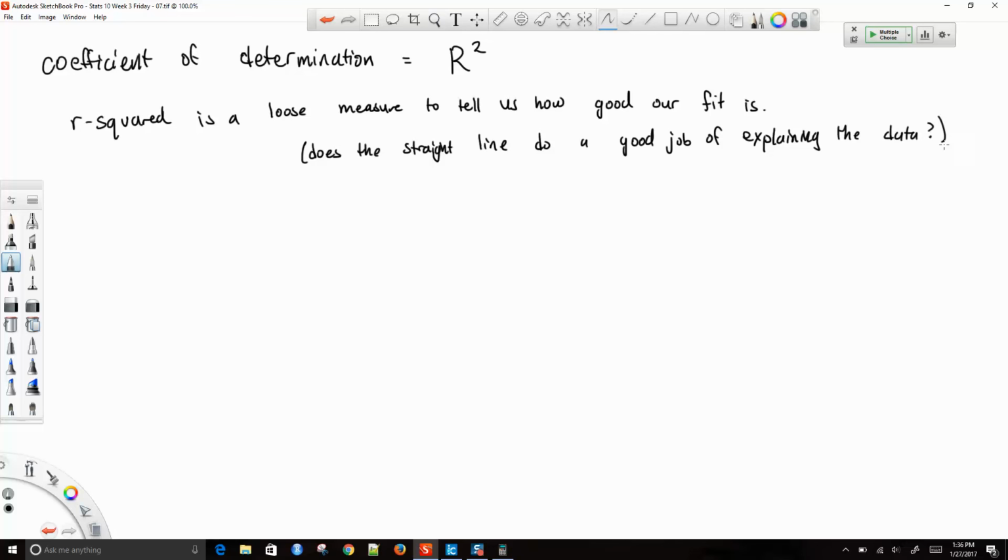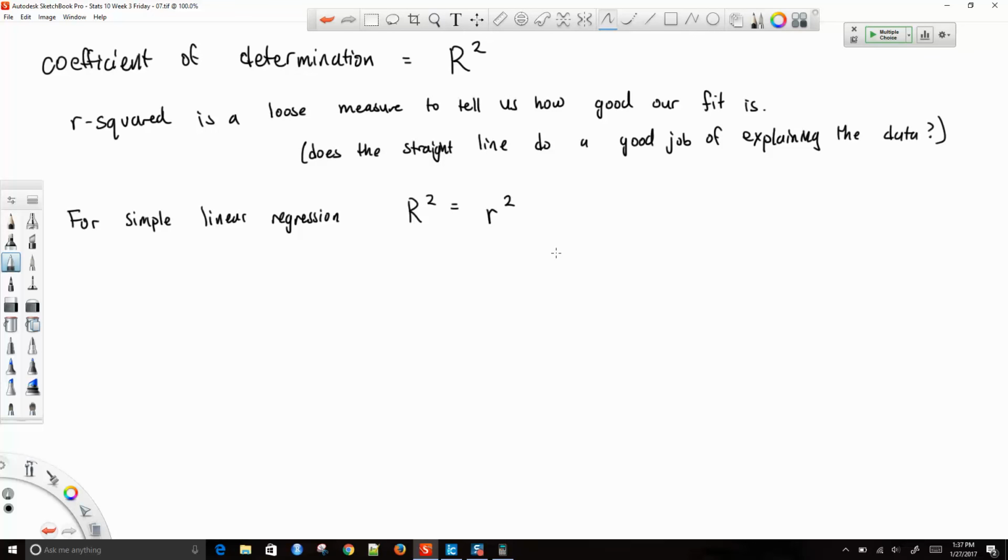Okay. And for simple linear regression, which is what we have just learned, R squared is equal to the quantity r raised to the second power, r squared.